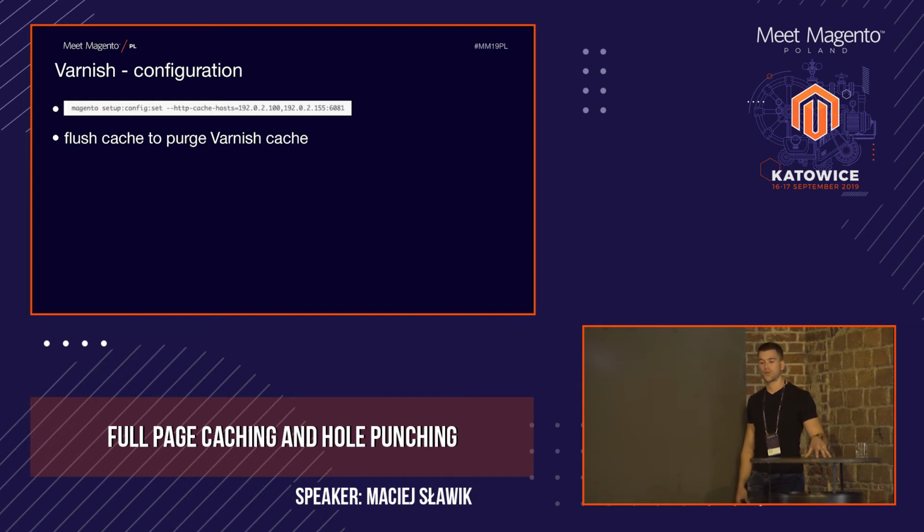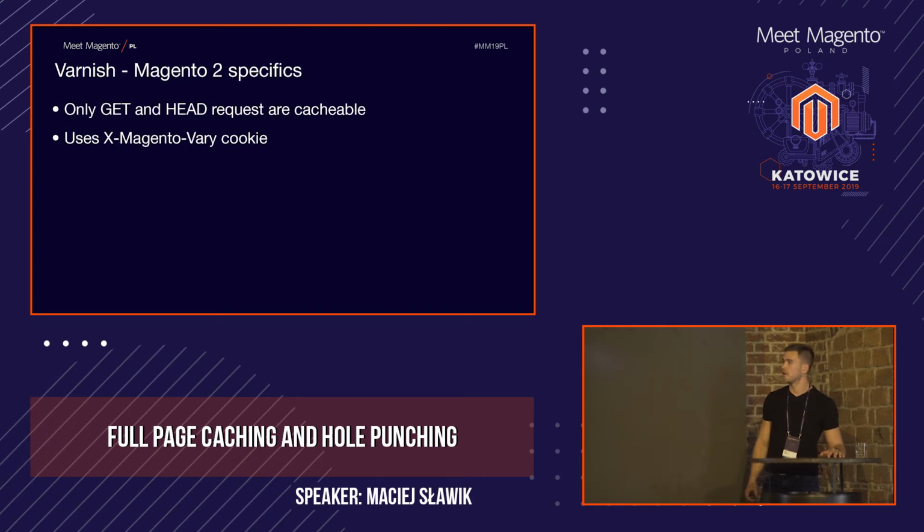And the cookie contains data such as is the customer logged in, the chosen currency, the chosen language, customer group. Magento also allows developers to add custom data to the cookie to add some extra information about the customer.